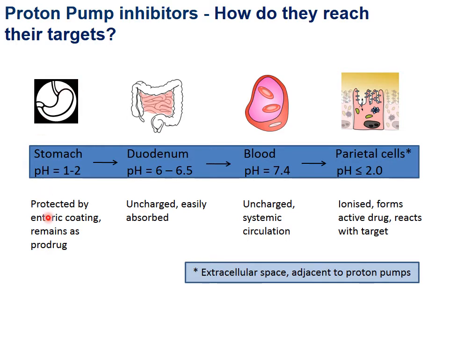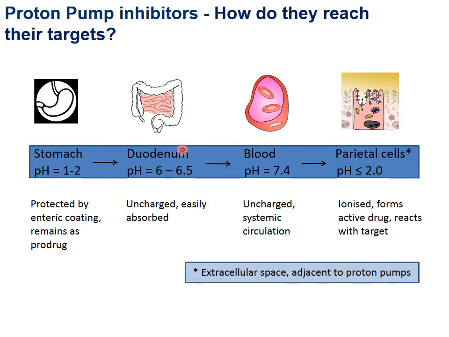So as explained by Professor Alexander and Dr. de Matteis, proton pump inhibitors are taken as capsules where the enteric coating protects them from the low pH in the stomach.